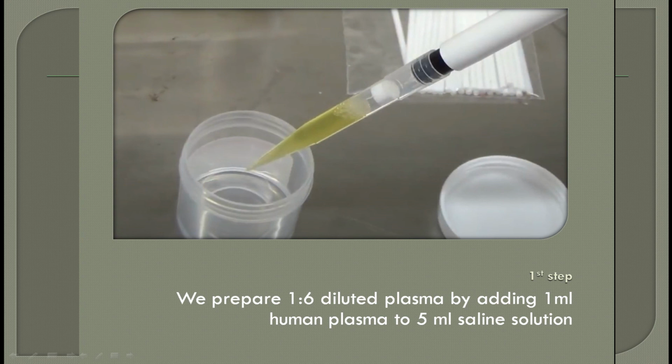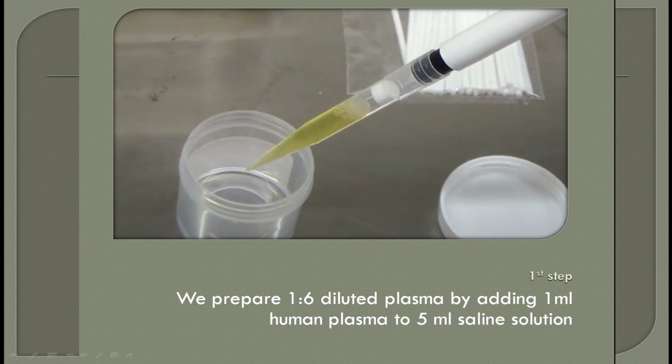What are you diluting the plasma with? We are diluting the plasma with saline. How so? We are adding 5 ml saline solution to 1 ml of human plasma, and we are making a solution.